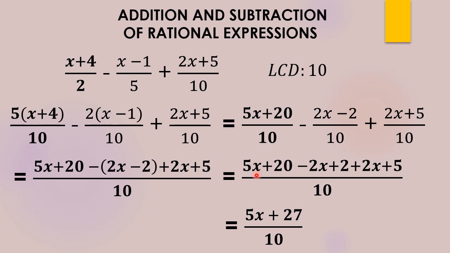So what is left is 5x. And then we add 20 plus 2 plus 5, we will have 27. So our final answer here is 5x plus 27 over 10. So we cannot simplify this one because this is already in its lowest term. So our final answer is 5x plus 27 over 10.